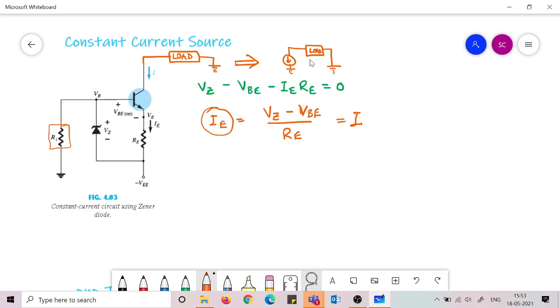This entire part becomes like a constant current source, this one.